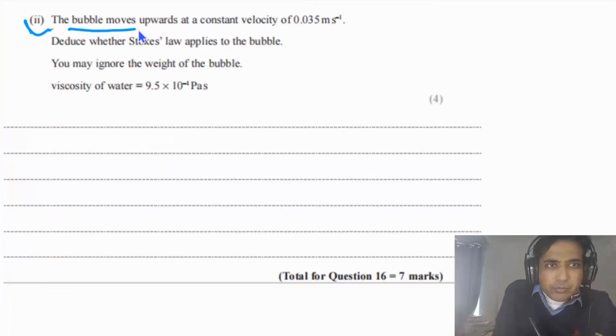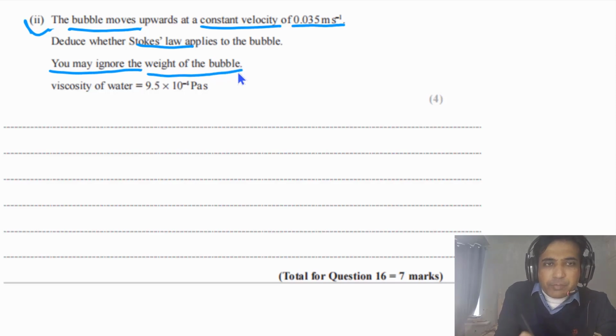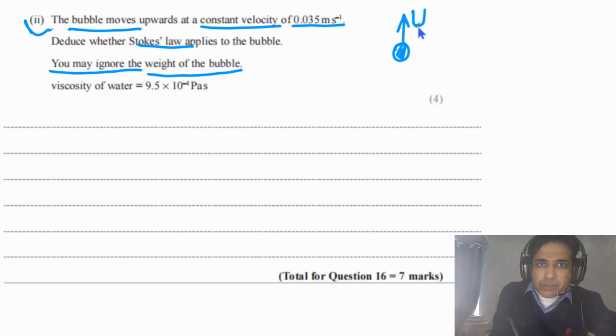The next part says the bubble moves upwards at a constant velocity of 0.035 meters per second. Deduce whether Stokes' law applies to the bubble. You may ignore the weight of the bubble. So if we consider the forces acting on the bubble, the force acting upwards will be the upthrust, U. If we ignore the weight, then the only force acting downwards will be the drag force.